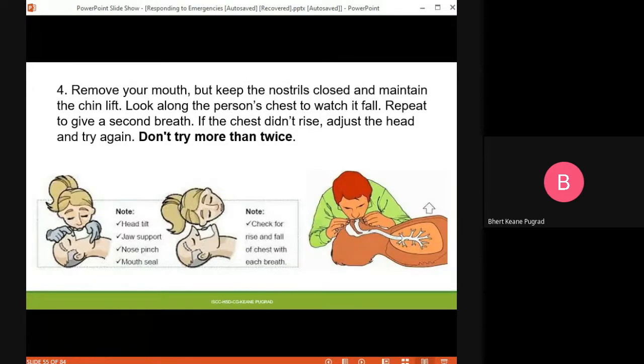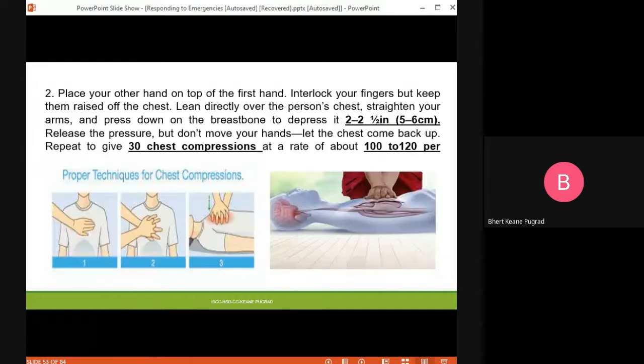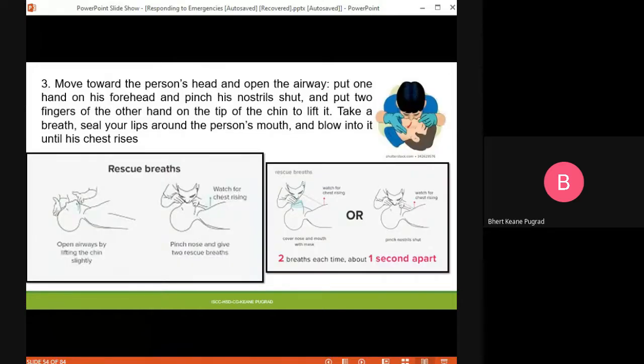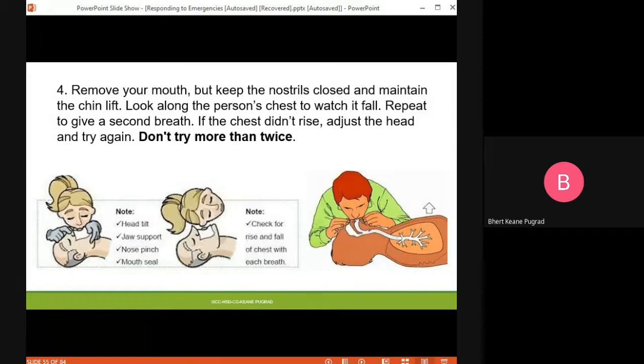So take note in doing CPR, 30 chest compressions. After delivering 30 chest compressions, we give 2 rescue breathing or rescue breath. Take note that during rescue breathing, you should do head tilt chin lift. Okay? Your mouth should be sealing the patient's mouth.